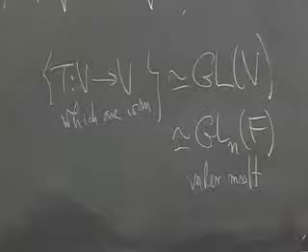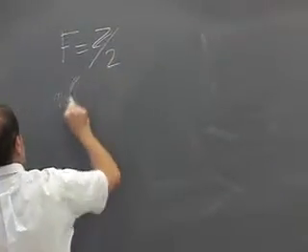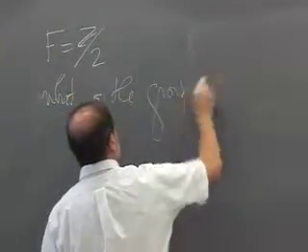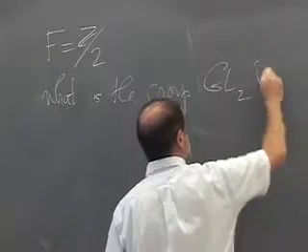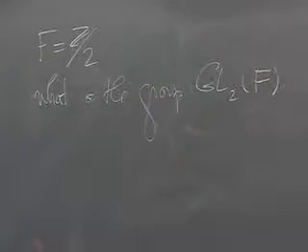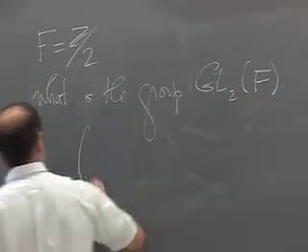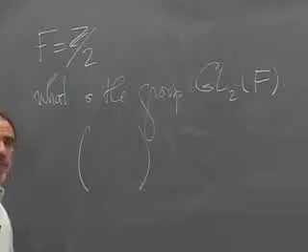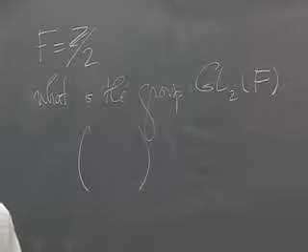So for example, if F is the field of 2 elements, what is the group GL2 of F? 2 by 2 invertible matrices over the field F. Well, if you thought about filling up a 2 by 2 matrix with scalars from the field F, how many matrices can you make?